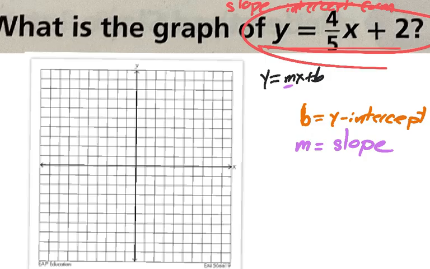Sweet. So, for this particular equation, y equals 4/5 x plus 2, what is my slope? 4/5. Yeah. What's my y-intercept? If I know those two things, it's as easy as can be to graph.